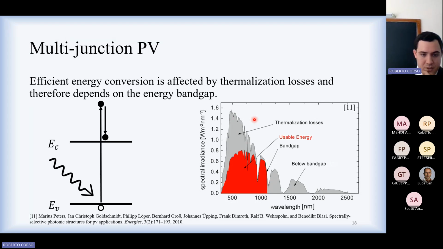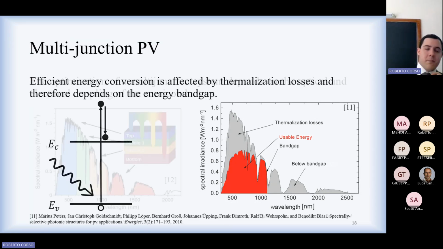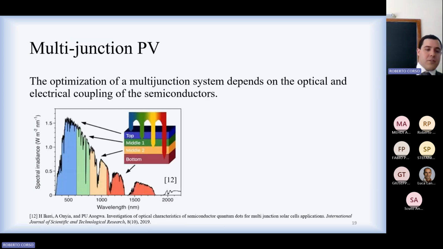So the idea is to, let's say, combine different semiconductors of decreasing band gap from the top in order to match the band gap energy of the semiconductor with the corresponding portion of the solar spectrum, and reduce thermalization losses, as each photon, depending on its energy, is absorbed by a semiconductor with a close band gap energy value.